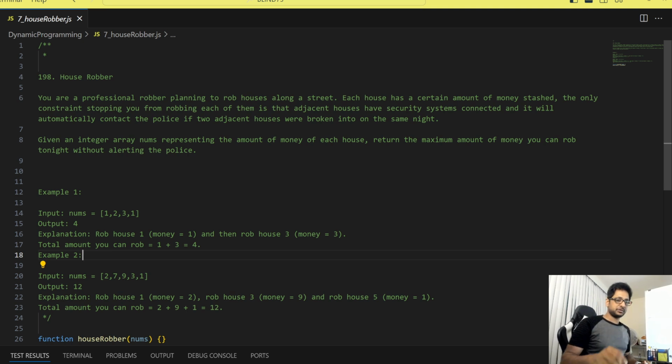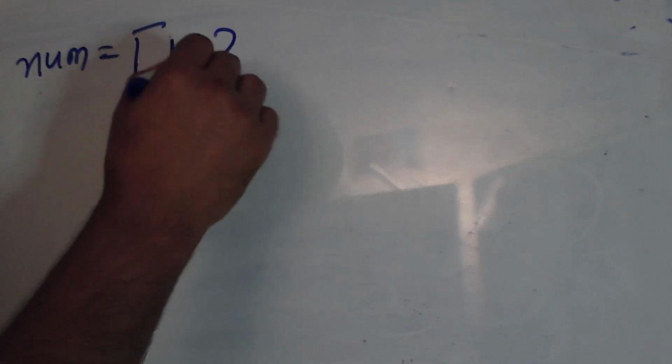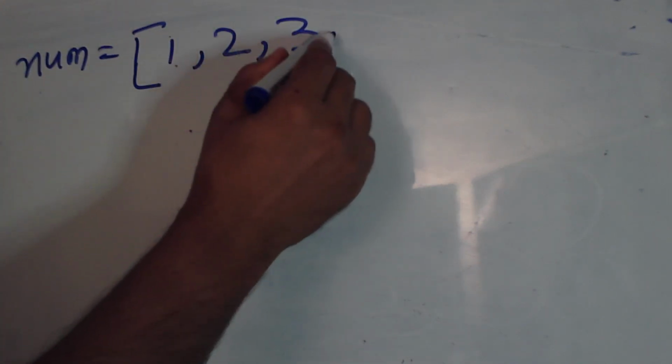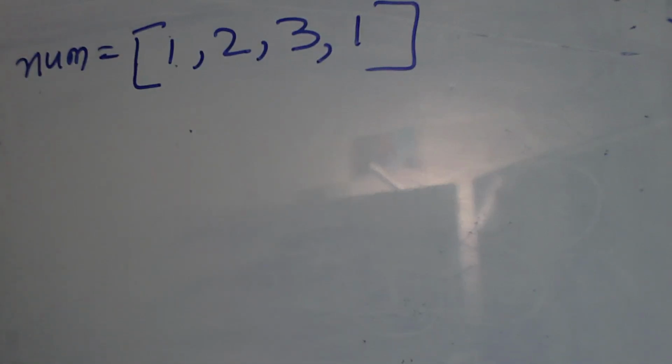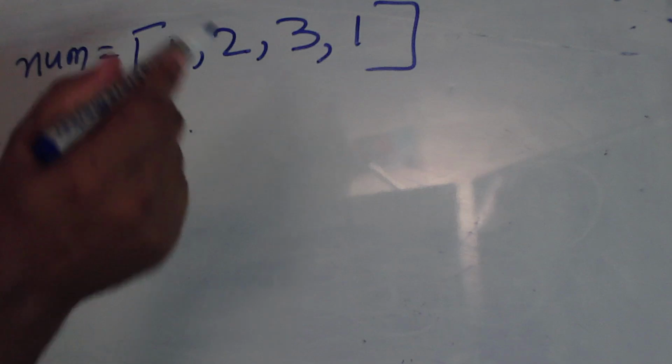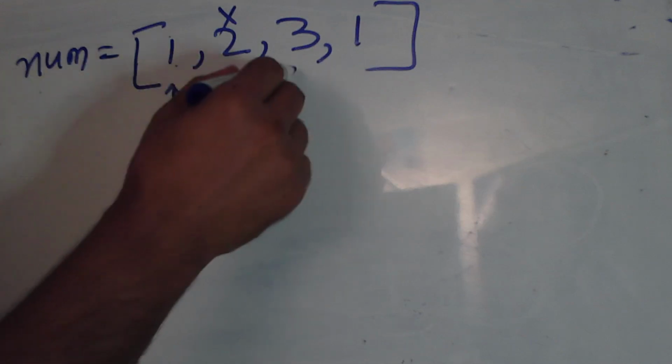So let's try this on our whiteboard. Let's take this example: the homes are 1 2 3 and 1 again. As per the question, if we consider 1, then we cannot consider 2, we can only consider 3.